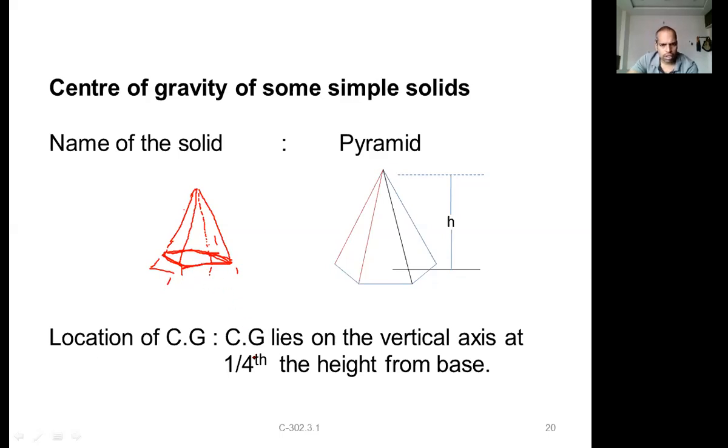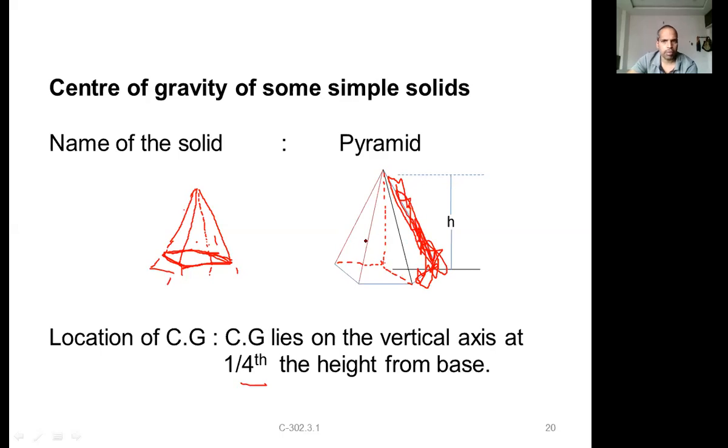For this one, the center of gravity CG lies at a height of 1/4 from the base. If you draw it like this, the other will be like this, not like that. This one is wrong, forget about it.